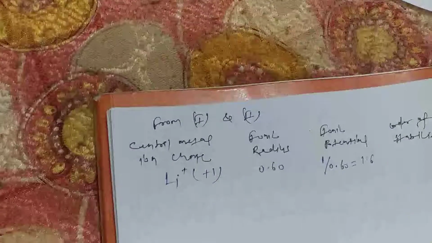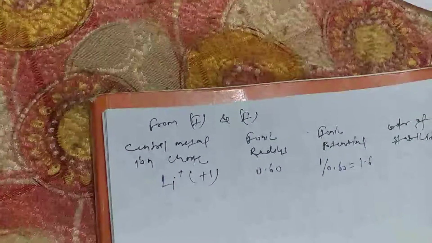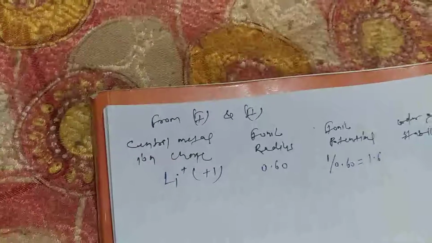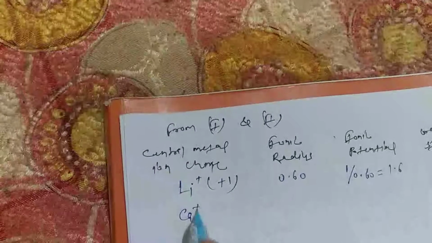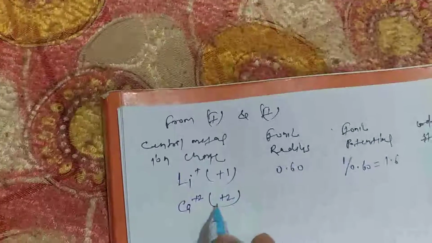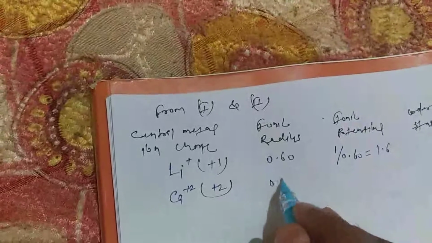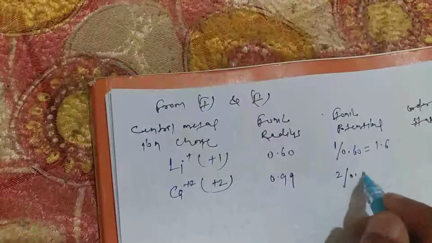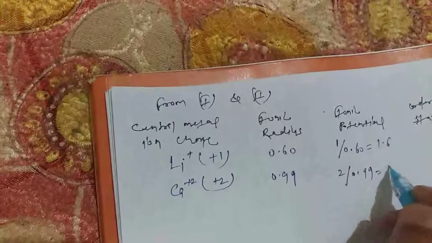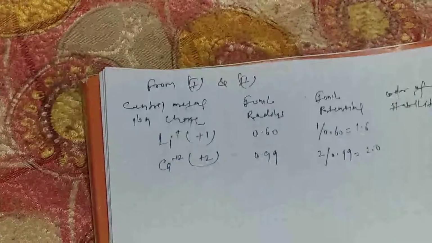This is called the charge and size ratio. Similarly, calcium plus 2 has plus 2 charge, radius is 0.9, so this is 2 upon 0.9, so something like 2.0.